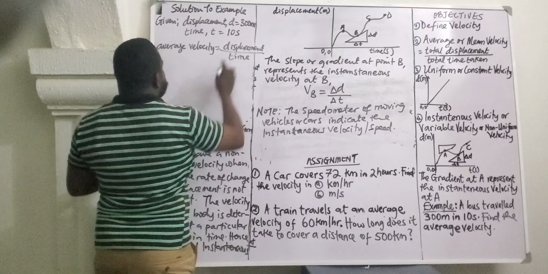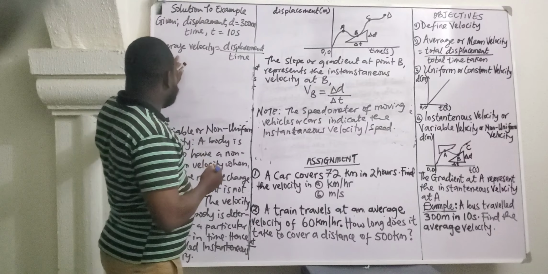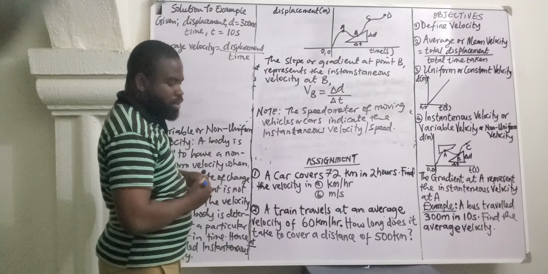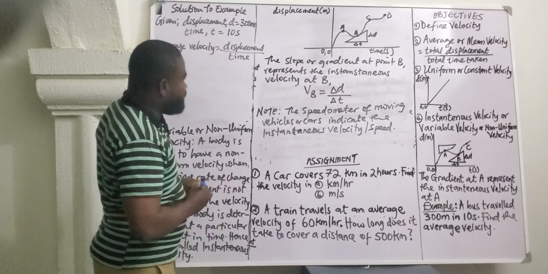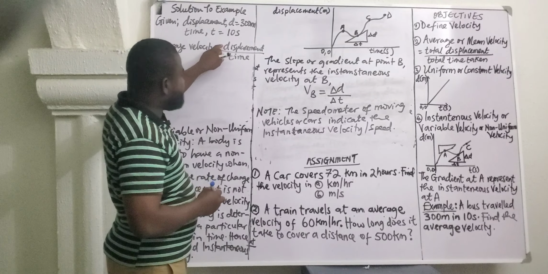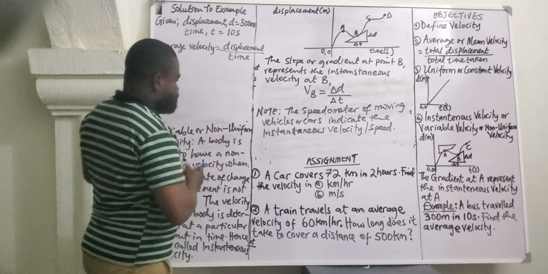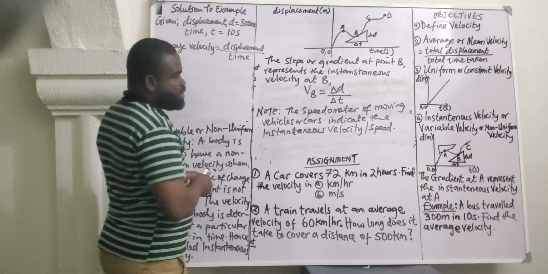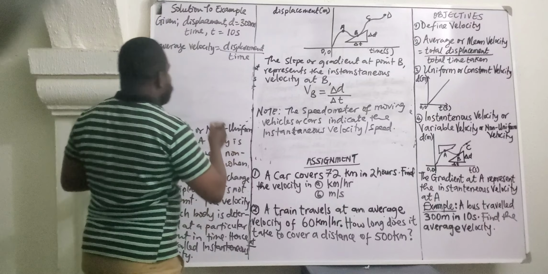So observe that I'm using average velocity, I say displacement over time. It is the same thing as saying total displacement over total time, because we have just one mentioned distance and one mentioned time.